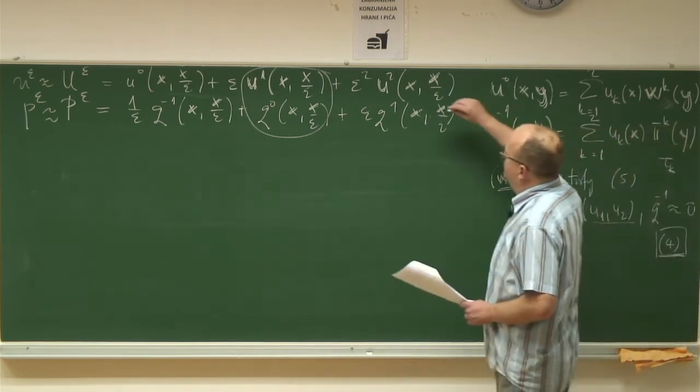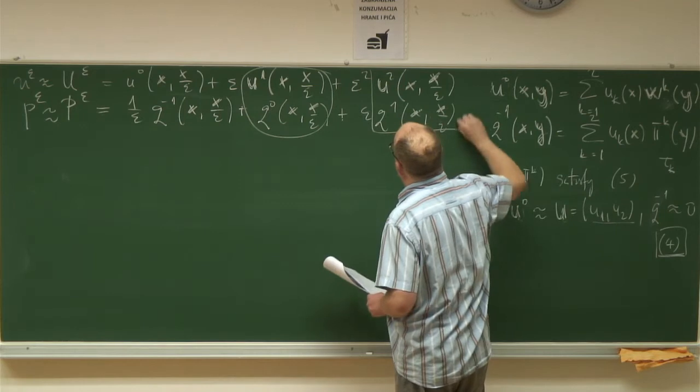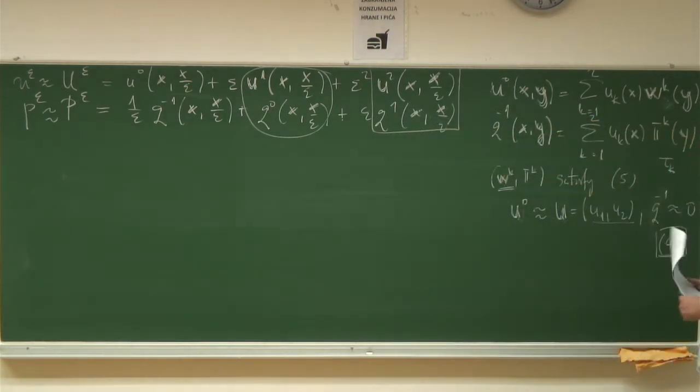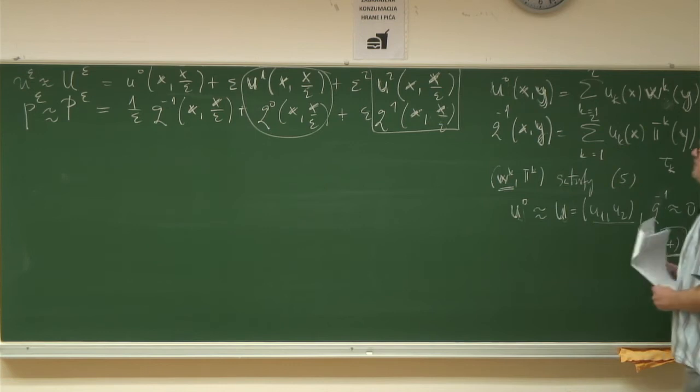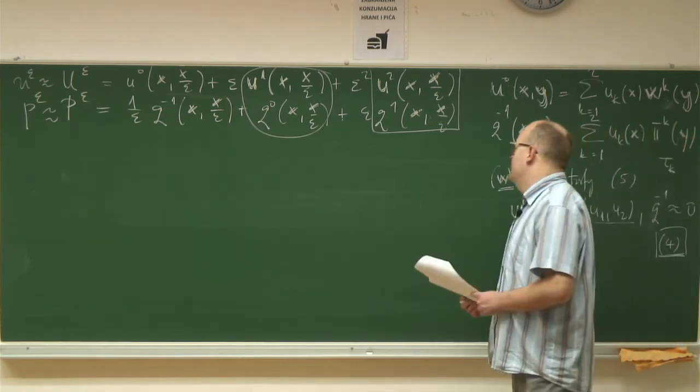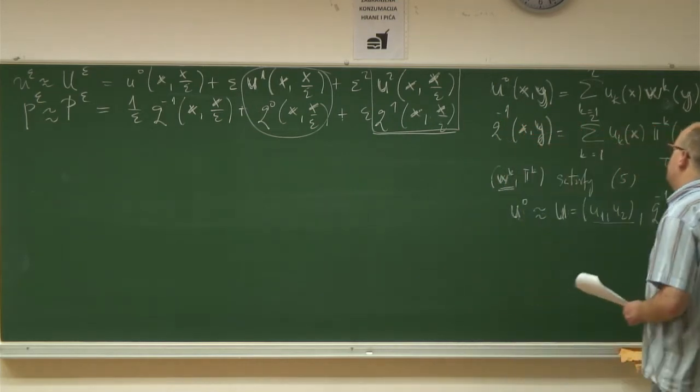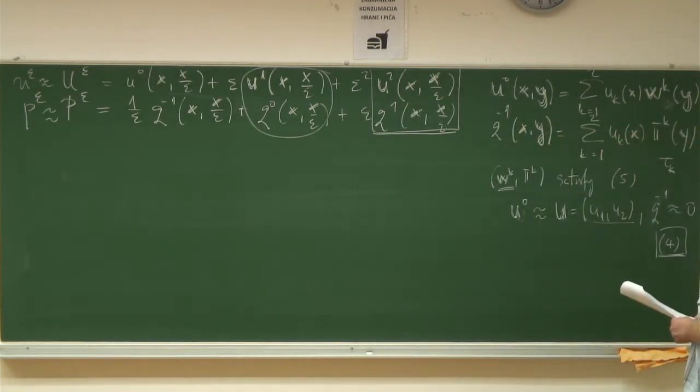In order to deduce the effective equations, which will remain unchanged, and that is a less interesting part of the result, we need to go further and compute the second order corrector.